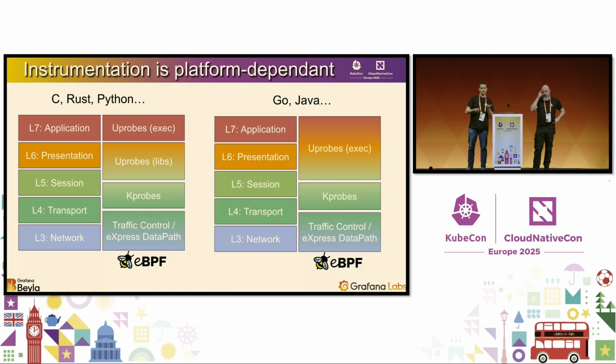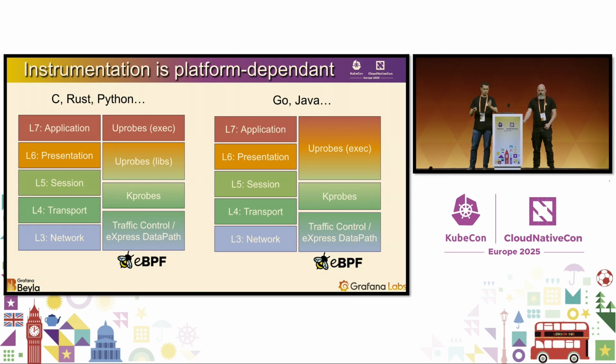So, for example, for C, Rust, and Python, I mention it because even if it's interpreted, it interacts with the operating system at binary level with syscalls, you might need a set of probes, but if you want to instrument Go and Java, you might need to hook your probes in other points or in other parts of your executable.